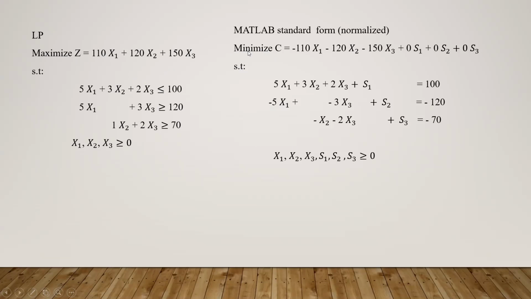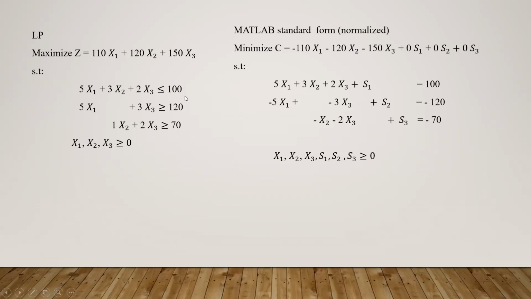So your cost objective function will become minus 110, minus 120, minus 150. So the first thing is to convert any maximization problem into a minimization problem if you are using MATLAB. In Simplex, you can just type max or min, so it doesn't care about your objective function.